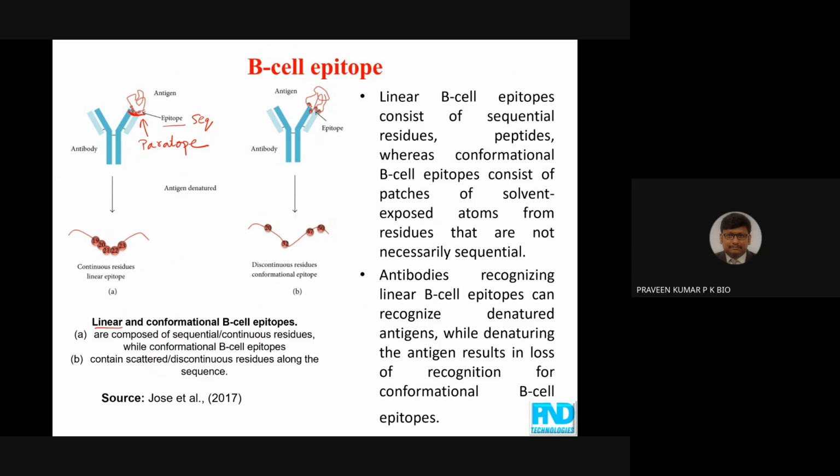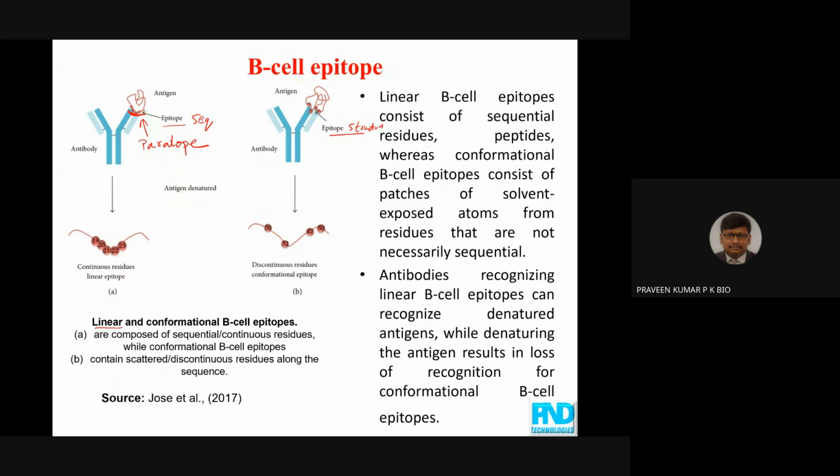But here, a few amino acids have to go through loops, through a specific conformation. Then we find discontinuous amino acid residues, also called a conformational epitope. In this case, instead of an epitope sequence, we need an epitope structure. Only if you have a structure based on the specific folding of the epitope can one see how effectively it can bind with the paratopic region of the antibody. Epitope structure is needed here, whereas epitope sequence is the input there.